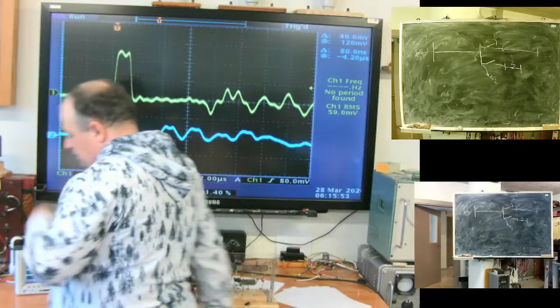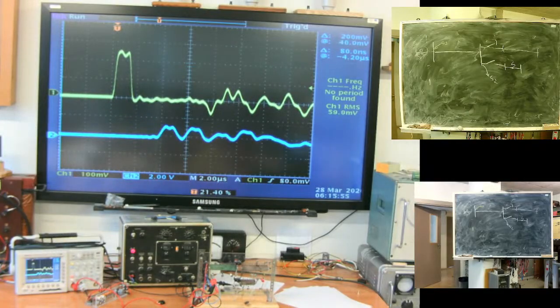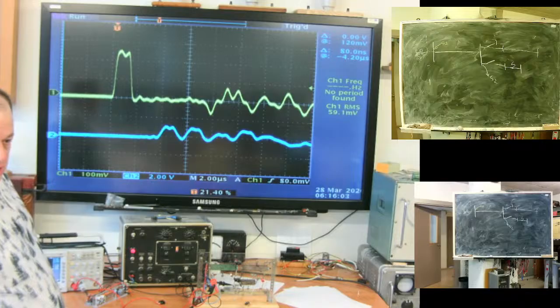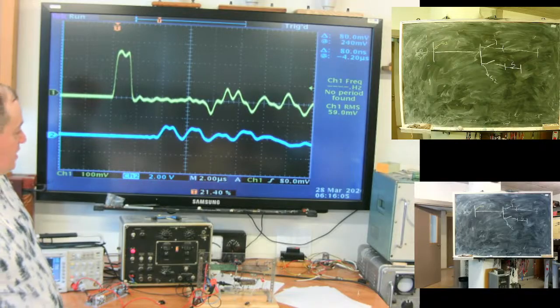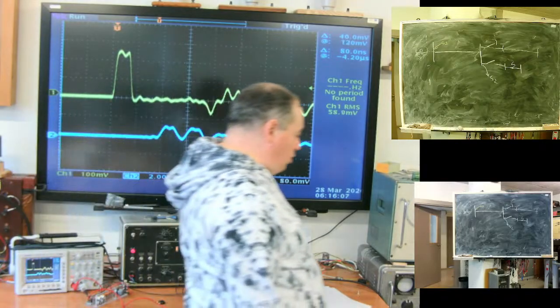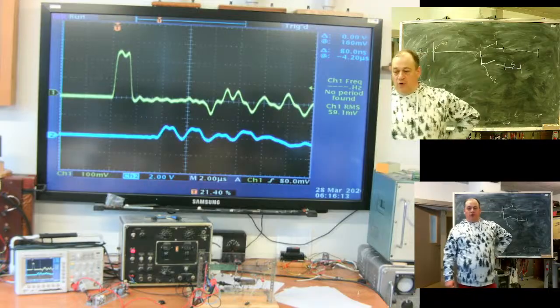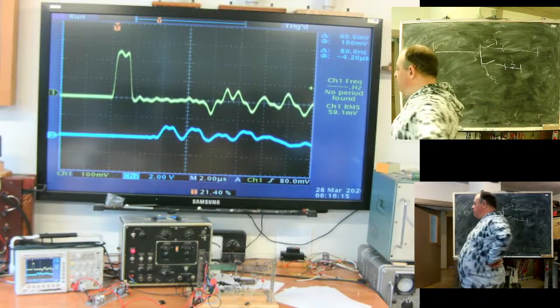As you can see, while I operate on a single line, it's not so problematic, so I see a clear picture. But the problem is that I see reflection from any non-uniformity of my line.